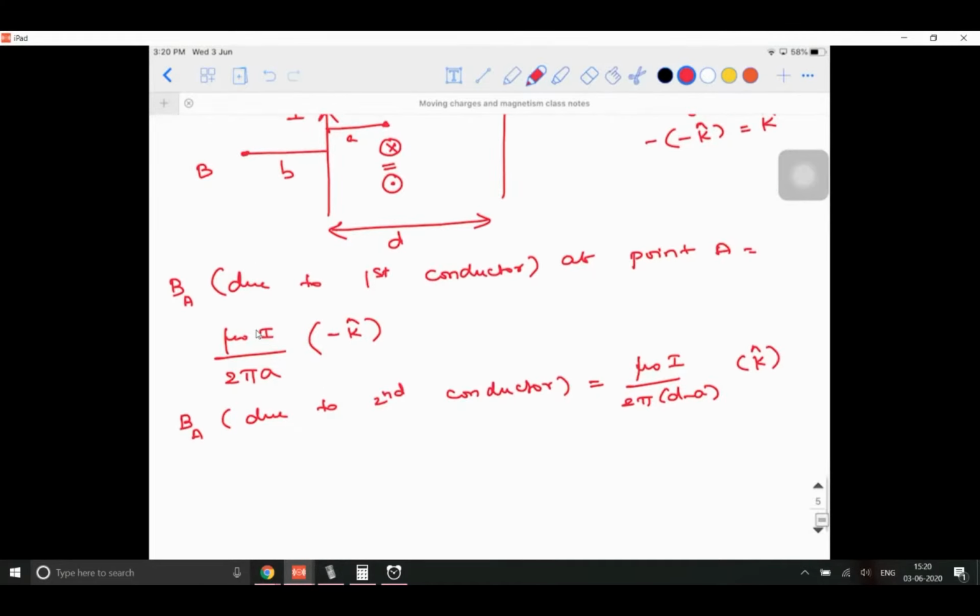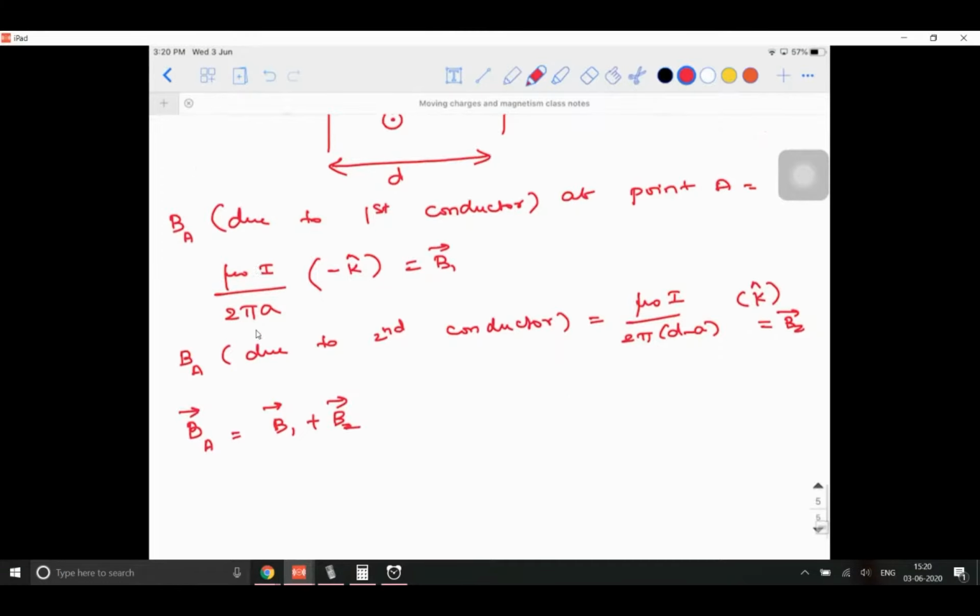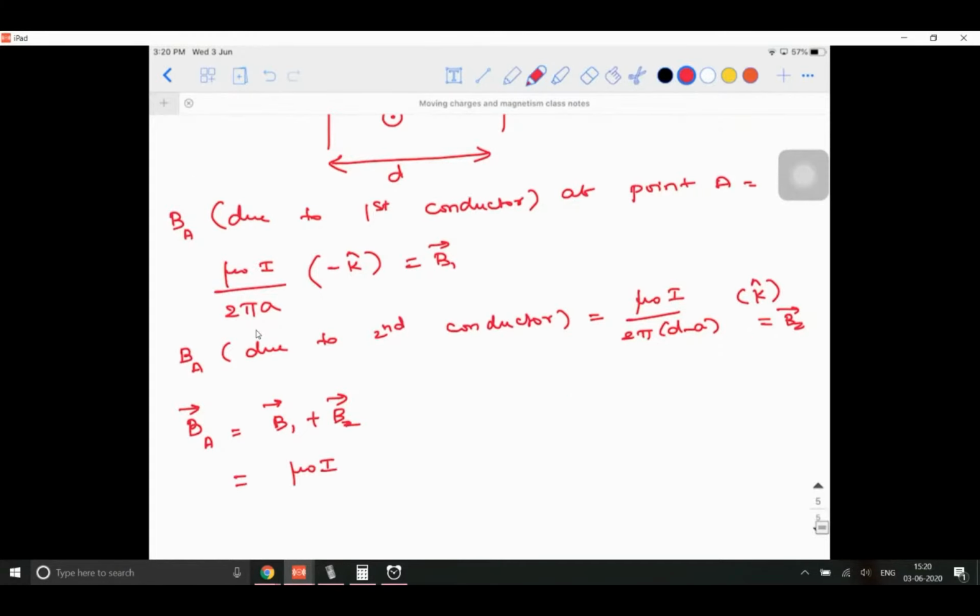So what is going to be the total magnetic field at point A? If I call this b1 vector, and this b2 vector, it will be b1 vector plus b2 vector. I am doing the vector sum. So b1 vector is equal to mu naught I divided by 2 pi a in the direction of minus k cap, plus mu naught I divided by 2 pi into d minus a in the direction of plus k cap.